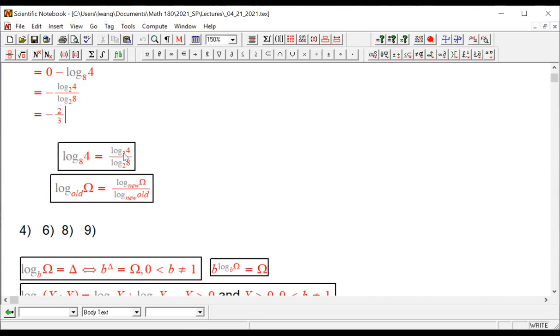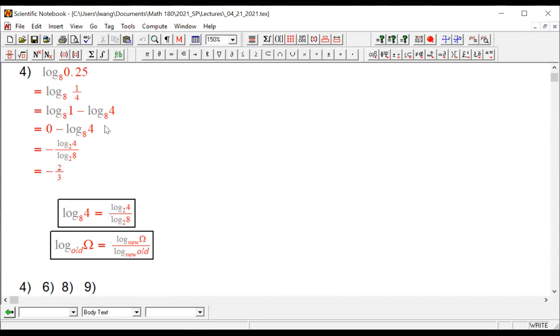Then you might say, hey, I don't want to choose new base 2. I want to choose new base 10. Could I do that? Yes, absolutely. I'm going to show you. Are you guys ready? Write down what we've done first, the first way of doing it.